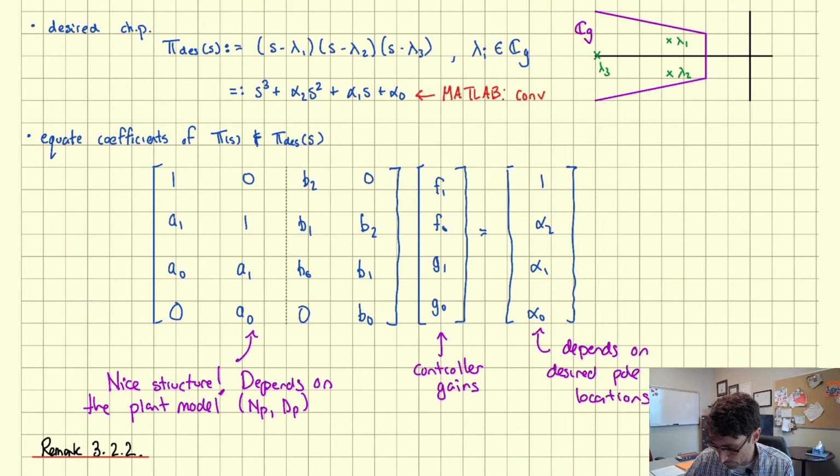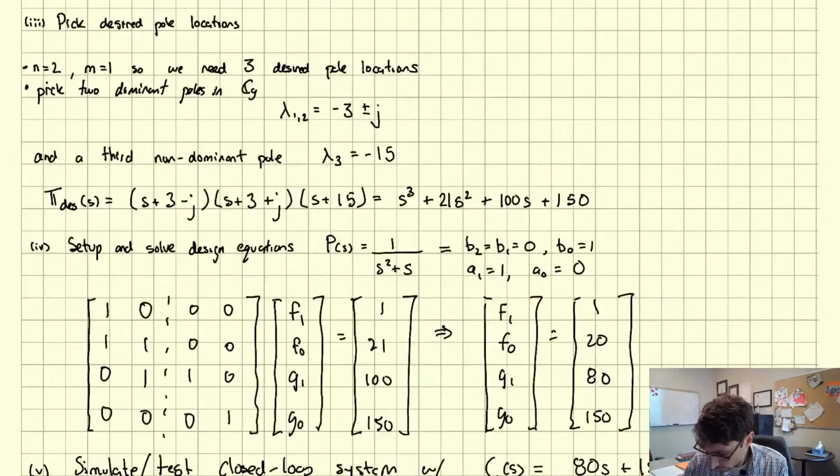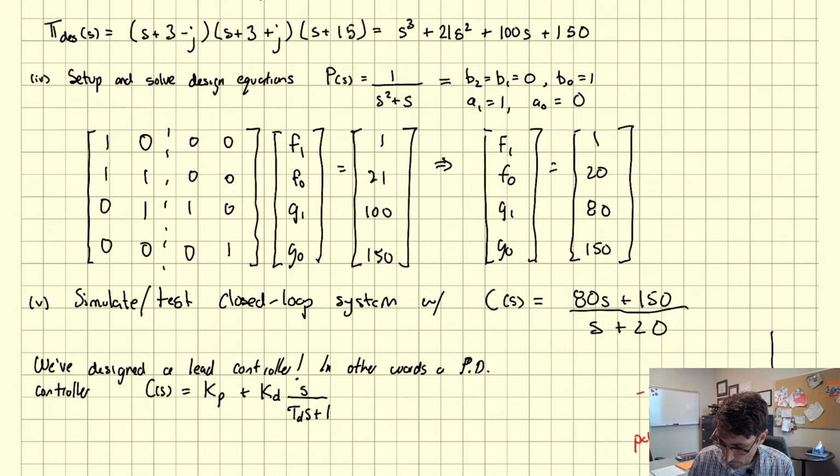Okay, let's go back. So notice, I'm just plucking coefficients off of the plant model. Here was our plant. And so I look at the coefficients. In the numerator, the s squared term is 0. The s to the power of 1 term is 0. And the s to the power of 0 term is 1. So that's my numerator. That gives me my b's.